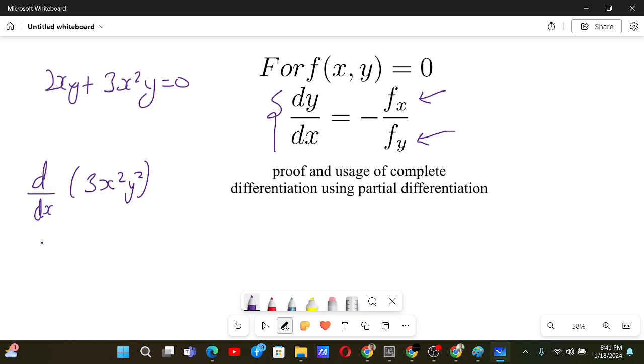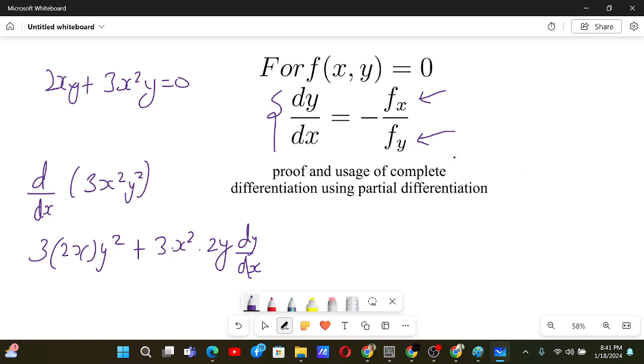If we differentiate x square, that will be 2x, in y square. And if I differentiate y square, that will be 2y, but this is with respect to x, so using chain rule we should also have dy by dx. So this is the complete differentiation.